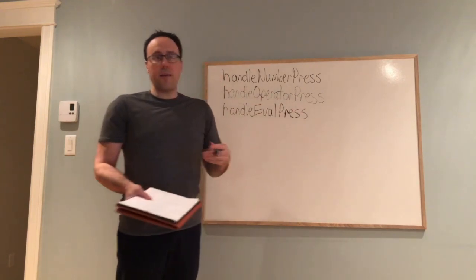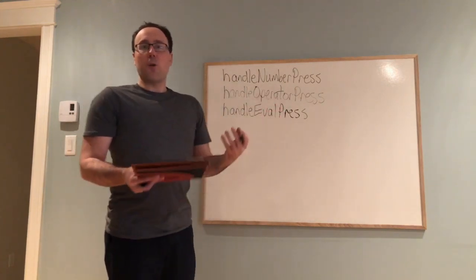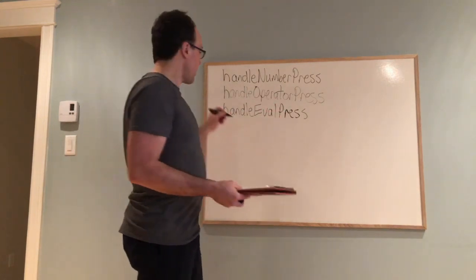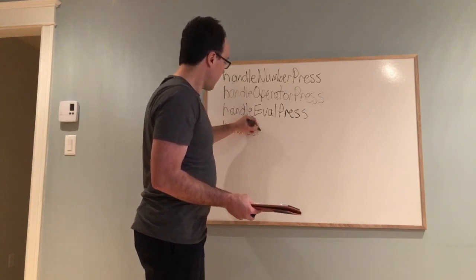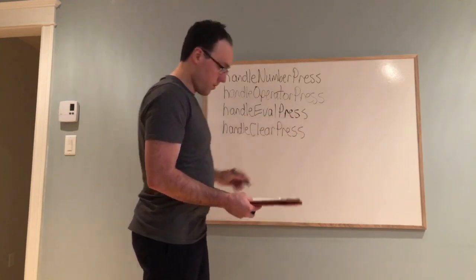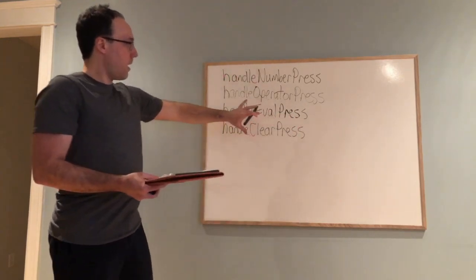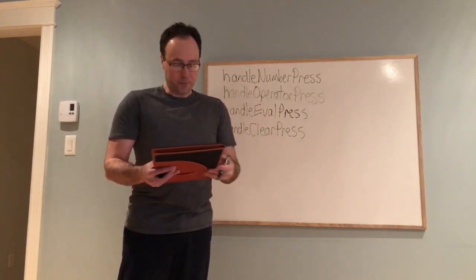And the last one is if the person hits the clear button. For that, we're going to need handle clear press. Okay, so these four functions are basically related to our input handling.